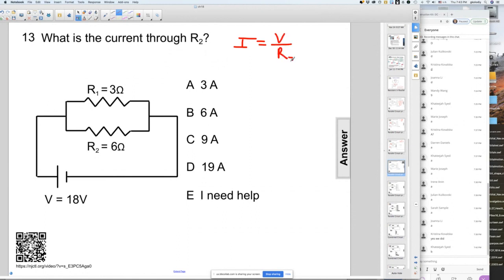The voltage across R2 is the same as the other one, 18, and R2 is 6, so that gives you 3. 3 plus 6 is 9, which is the current that's coming out from here. Do you remember?